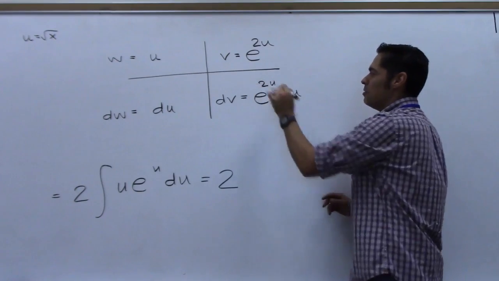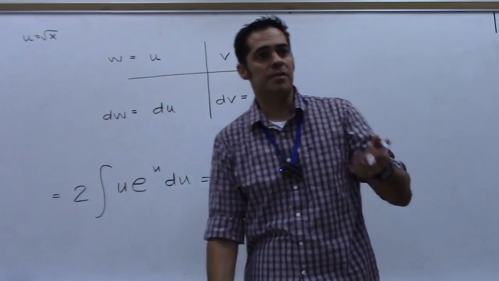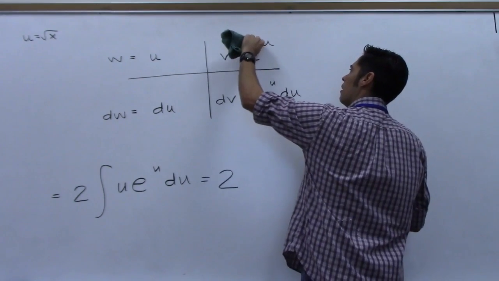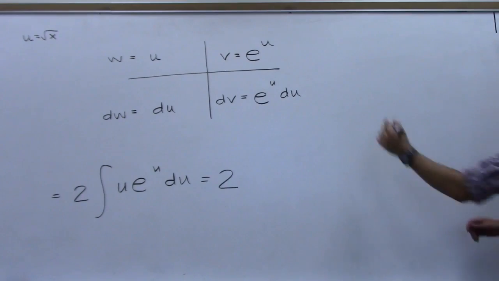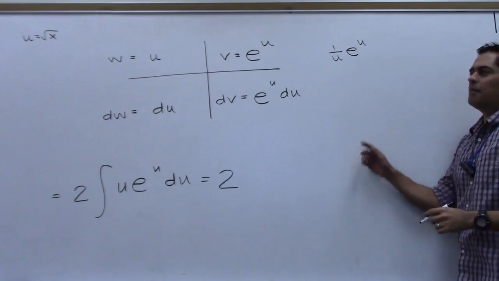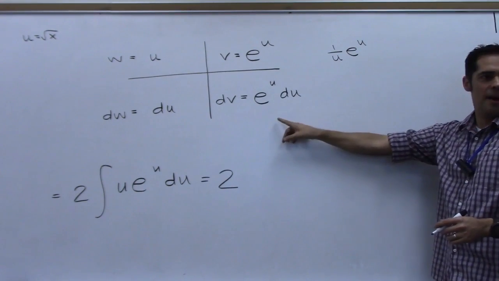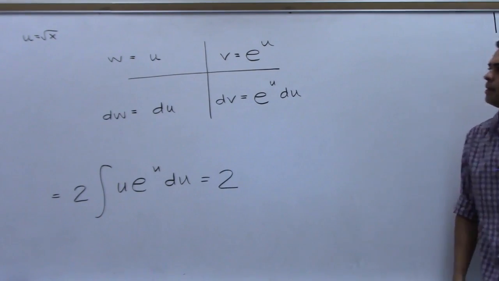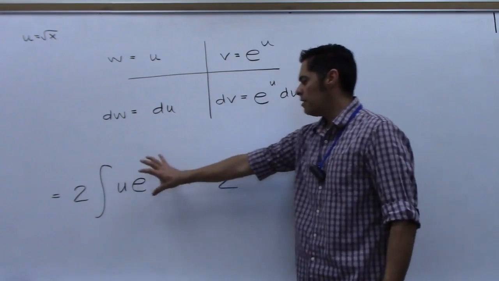If this were 2u, then you would have to scale by 1/2. But you don't scale by the variable. It's the coefficient of the variable. Think about that just for a second. If you put 1 over u, because the u would fall off and you take the derivative, you're going to have to do a product rule now. It's going to be nasty. It's not that. So okay. We good? So this 2 is going to distribute through to whatever this becomes.